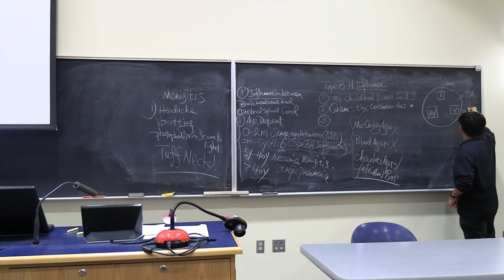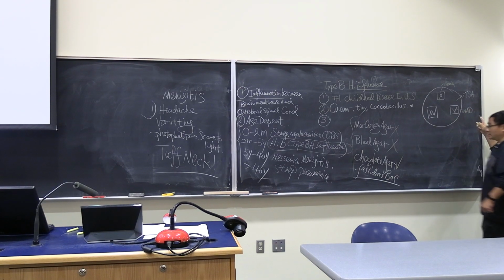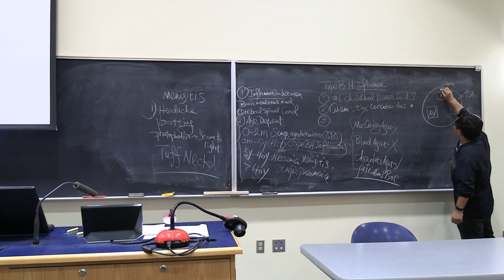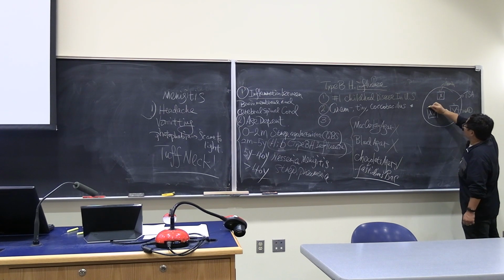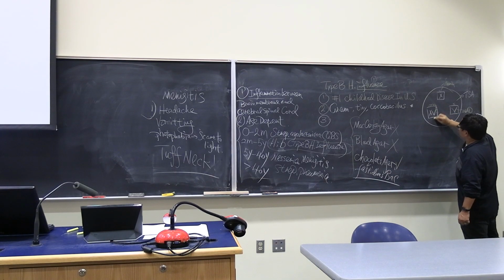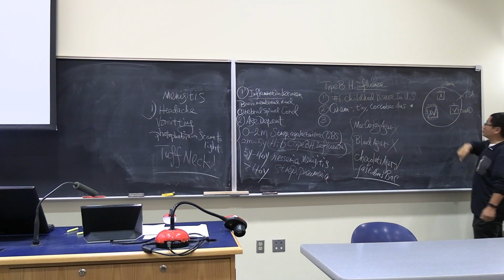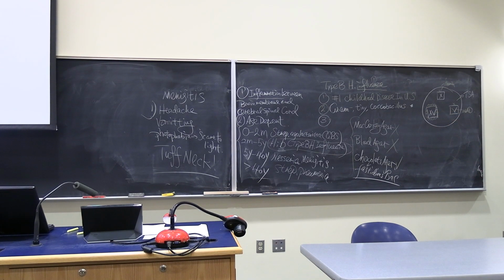V is NAD, nicotinamide adenine dinucleotide. That's an electron transfer molecule. We will talk about it in exam 3. What they found is that they did not grow with X alone or V alone. They grow only when X and V factors coexist, which means they need hemin and NAD.